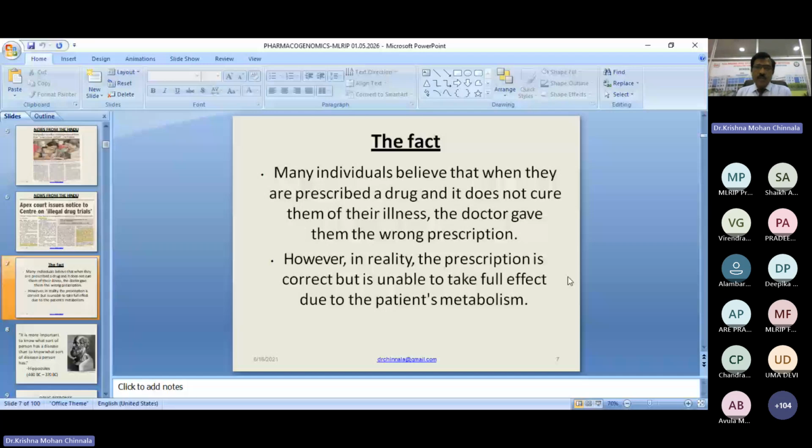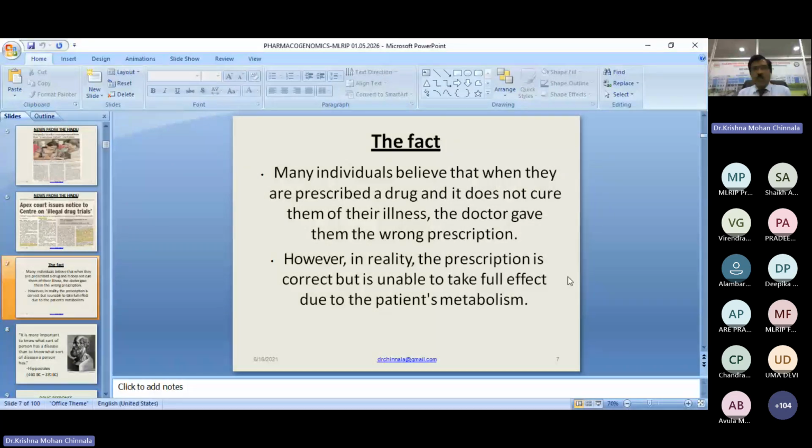The fact for the death of Chilki is that many individuals believe that when they are prescribed a drug and it does not cure them of their illness, the doctor gave them the wrong prescription. However, in reality, the prescription is correct but is unable to take full effect due to the patient's metabolism.